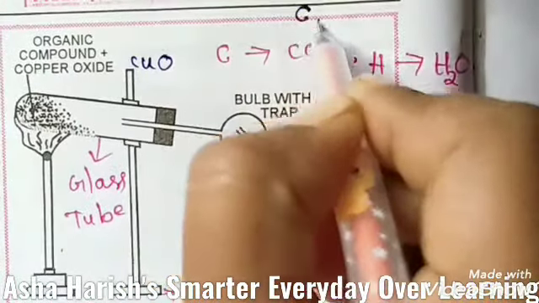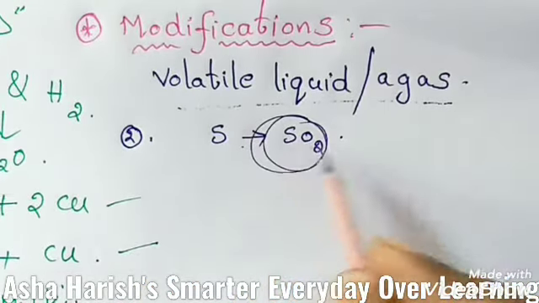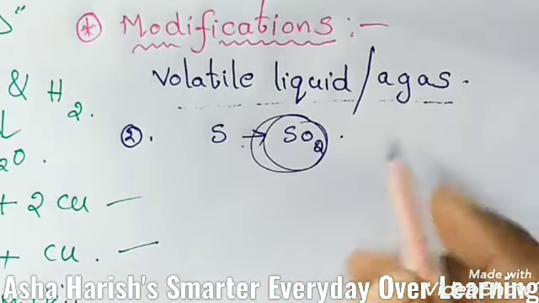As I told you, sulfur is oxidized into SO2, sulfur dioxide. This also turns the lime water milky due to the formation of calcium sulfite.